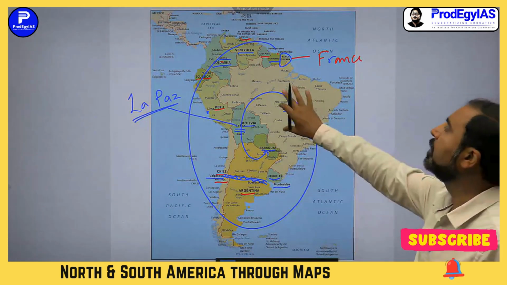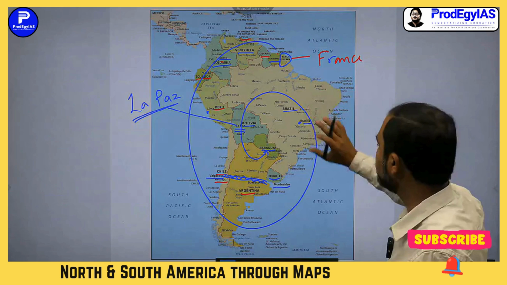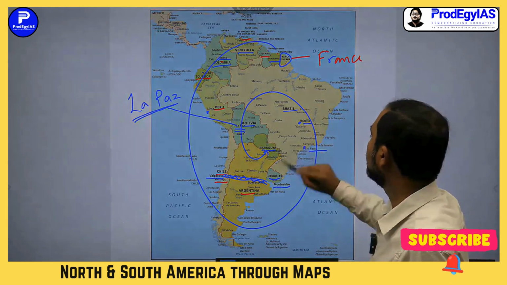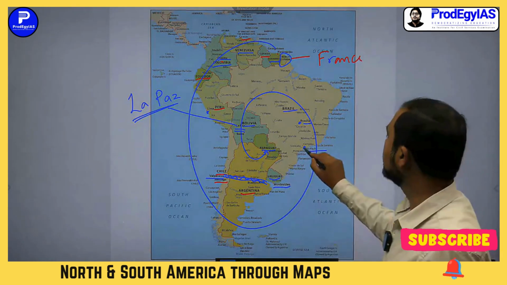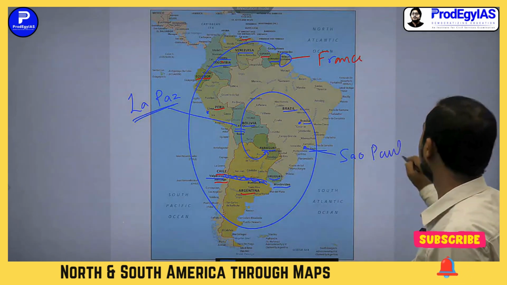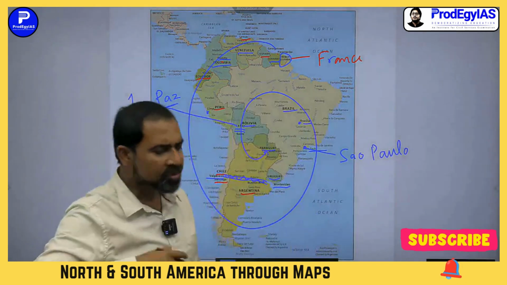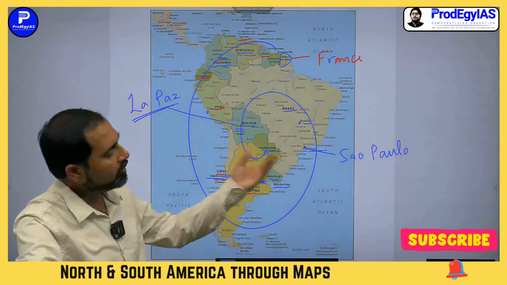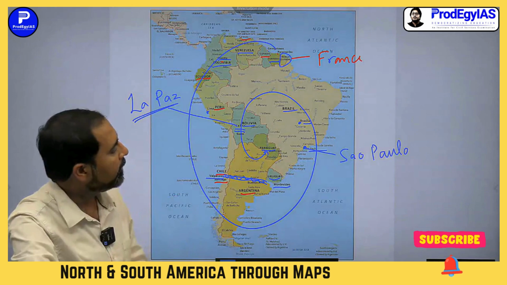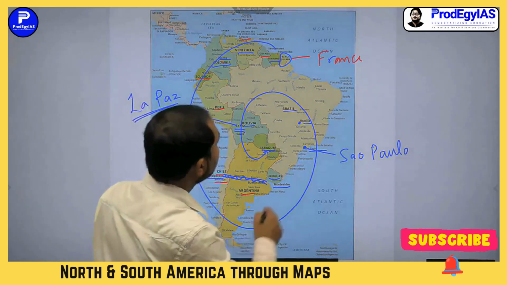Then within Brazil, there are some other important cities that you should locate, like the city of Sao Paulo, because that is an important city. Sao Paulo, because this is a coastal city, important for transportation purposes, for shipments, right?